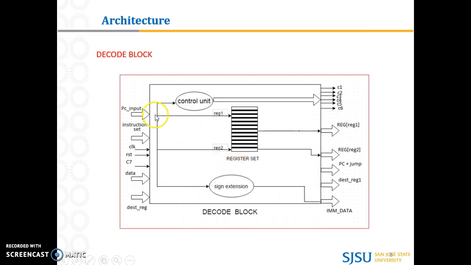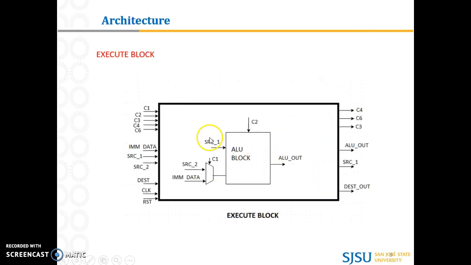Whereas in the decode block, based on the PC input and the data, we decode the binary instruction format into a source register and an immediate value, or another target register if it is an R-type instruction, and particular outputs are sent to the next stage, which is the execute stage pipeline. From the pipeline, we get the immediate data, source register 1 and source register 2 if it's an R-type, and our destination register.